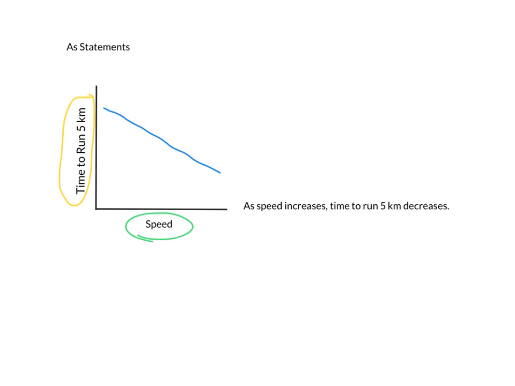Where we have put in speed as our independent variable, time to run 5 kilometers as our dependent variable, and we've described the relationship, meaning that it goes downward.